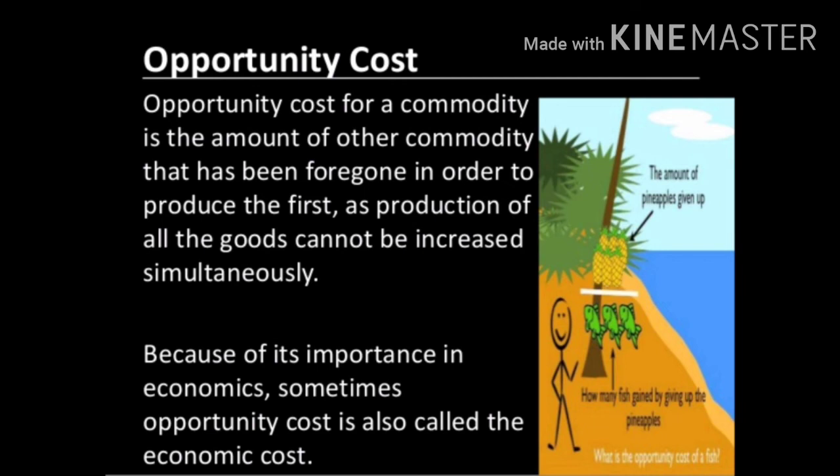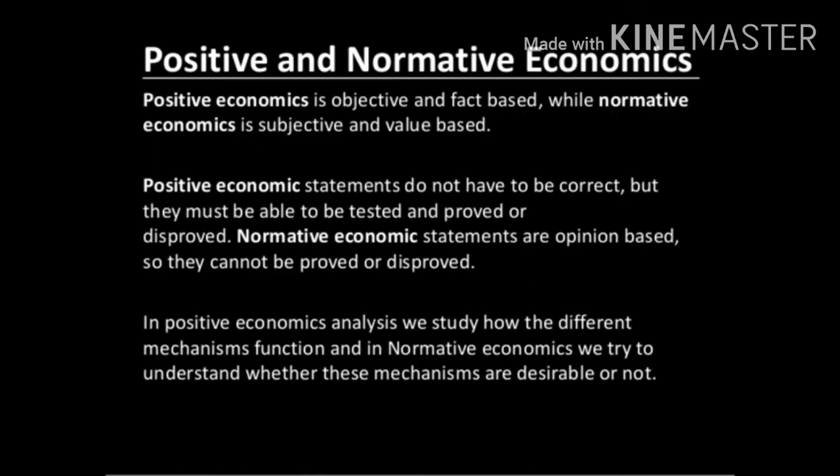If he wants to produce more fish, he has to give up pineapple. So simultaneously both fish and pineapple cannot be produced or increased. So this is called opportunity cost. The cost involved, the commodity given up, that cost is called opportunity cost. There is another term used for this, that is called economic cost.